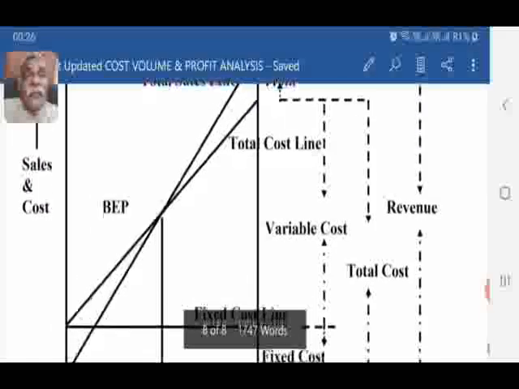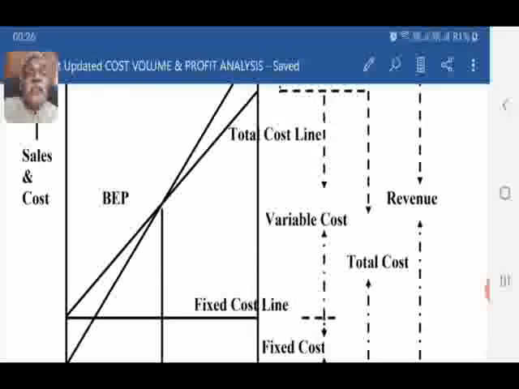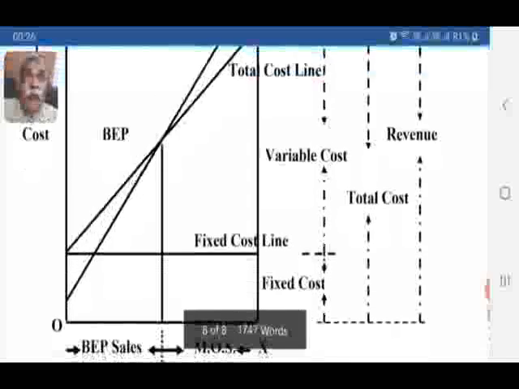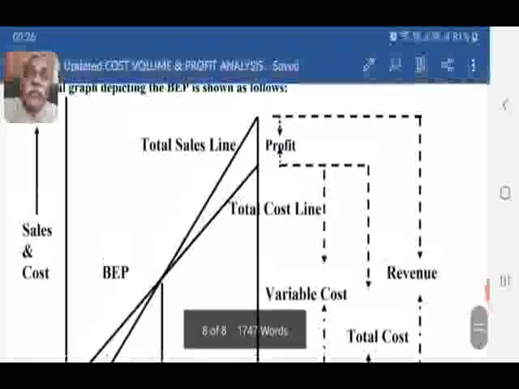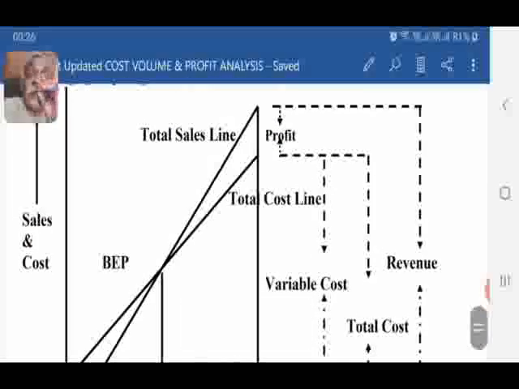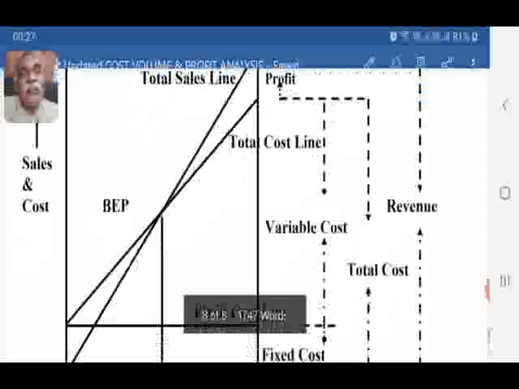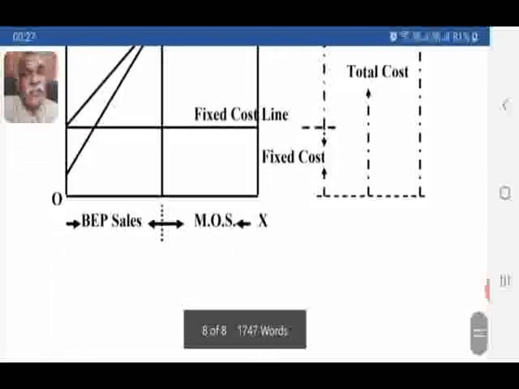Again, there is the cost line, and from the fixed cost line up to the cost line, this is called variable cost. And when we add both, that is called total cost. And from the cost line to the sales line, the margin is called profit. And in total cost, when we add profit, that will give you revenues. And this is the total of CVP analysis.